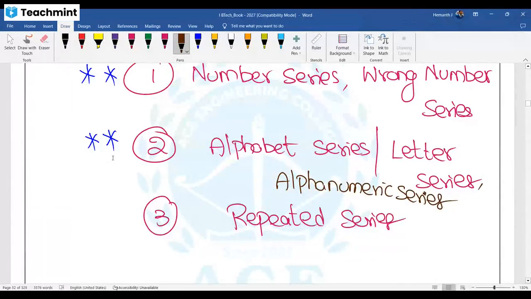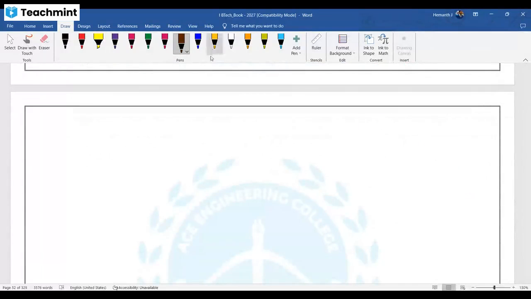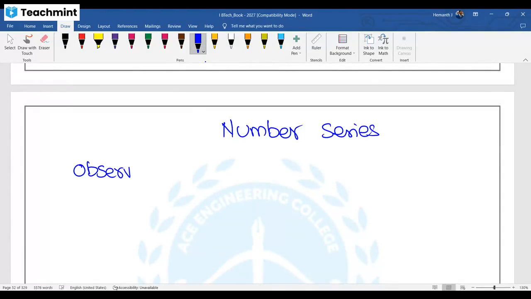Fine. Now, number series. First thing, observe the numbers they gave in the question. Why, sir? After observing the given numbers, I have to know a few points from that. They will give a set of numbers in the question.